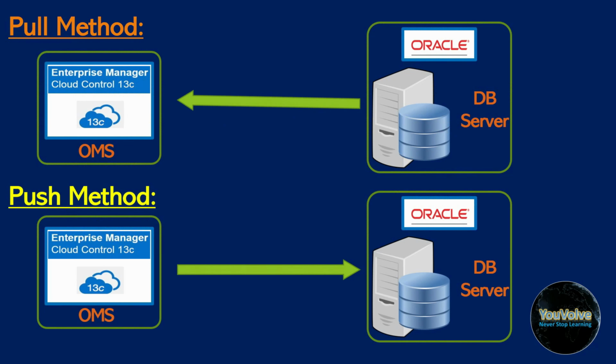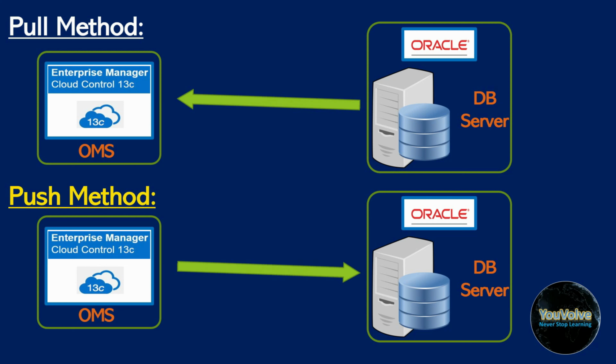Here, the installer process running in the target will pull all the required information from the OMS server to complete the configuration. In the push method, we install the agent from the OEM console, and the installer process in the OMS will transfer or push the required files, create directories, and install the agent software in the target server, along with running any root scripts to complete the configuration.